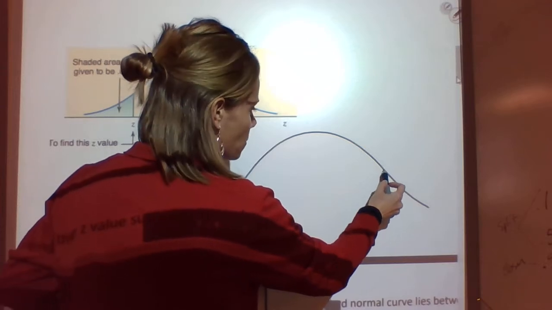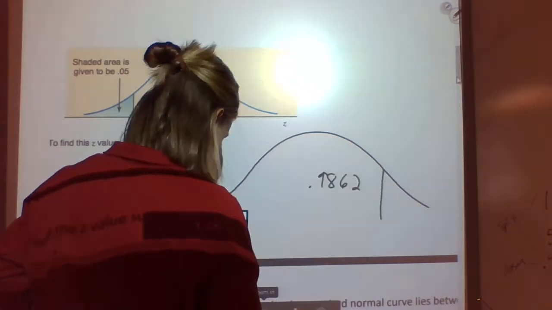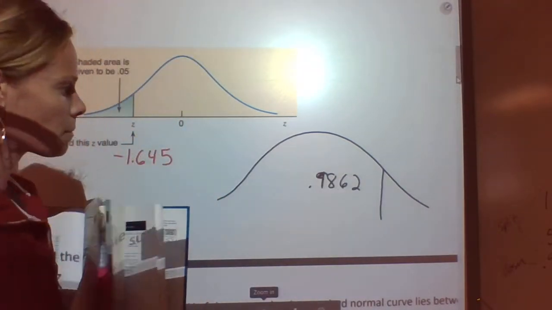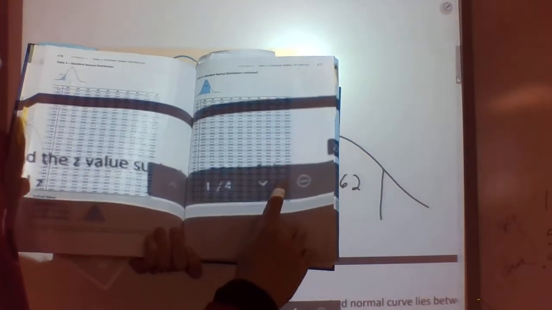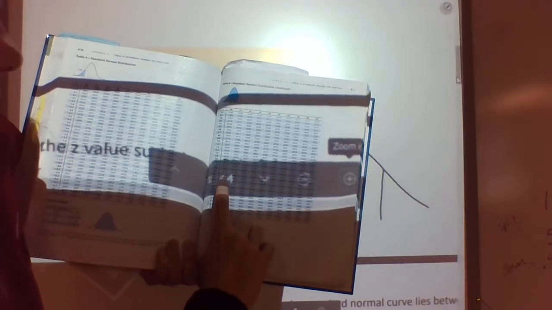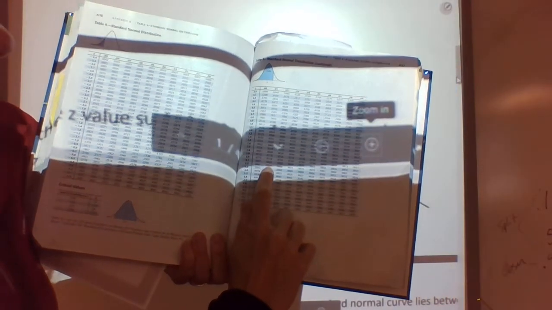So let's do 0.9862, right? So if you look up the probability 0.9862, it's going to be on the right side, 0.986. Okay, so see here I have 9.61, and the next one is 9.9864.